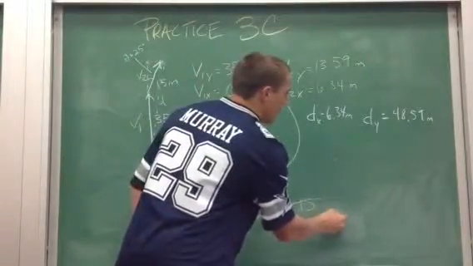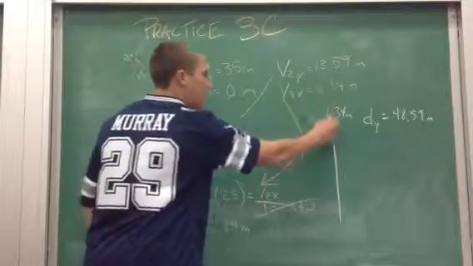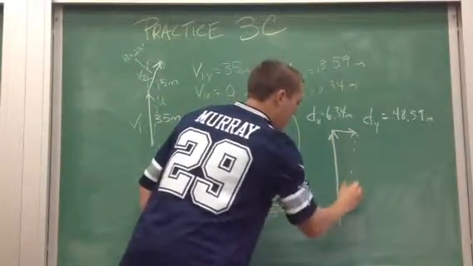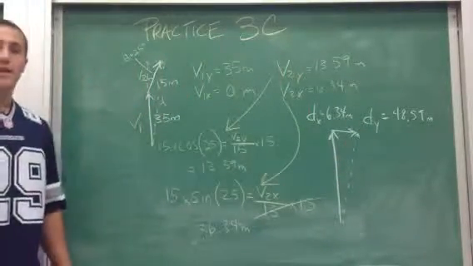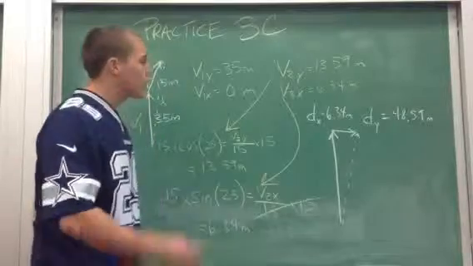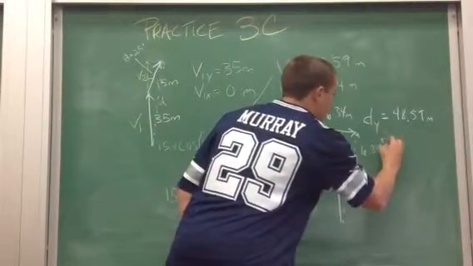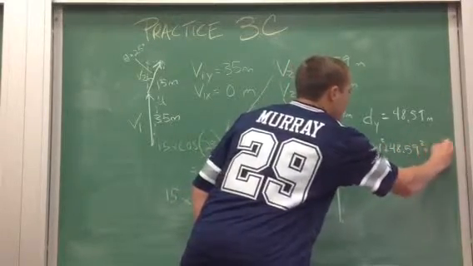We go up 48.59 meters, and we go to the right 6.34. Let's find the final displacement. Just like we did in question set 3a and 3b, we're going to use Pythag. So 6.34 squared plus 48.59 squared equals c squared.